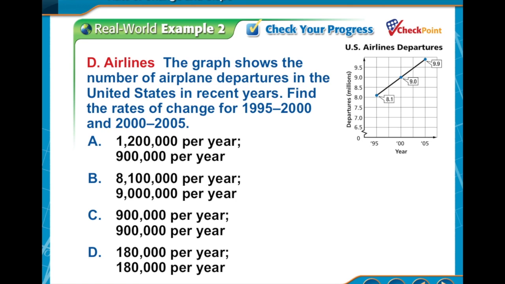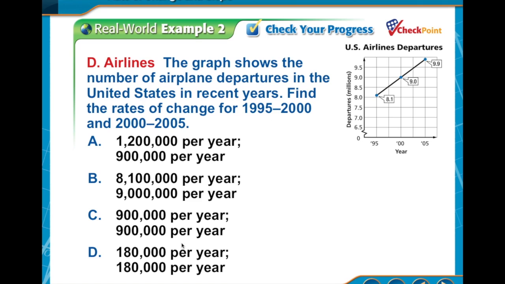Okay, so 2D asks us to look at this graph and understand what's happening. This time we're talking about airlines. So the number of departures, so every time a plane takes off in millions, and we have time going by on the x-axis. So we're asked to find the rate of change for 2 periods of years.